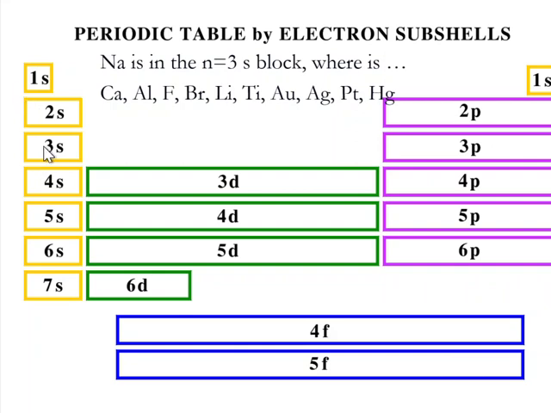And it is located in what we call the s block. It's not located over here in the p block, and it's not located down there in the d. On the periodic chart of the elements, it sits right there. And so what we're saying is that sodium has 11 electrons total, because it has the same number of electrons as protons, and its atomic number is 11. But the electrons with the highest energy are going to exist in this 3s subshell.